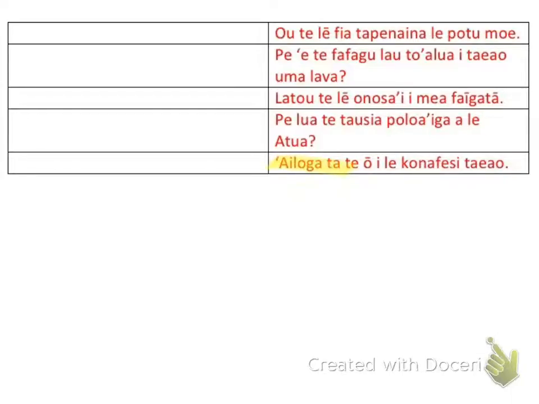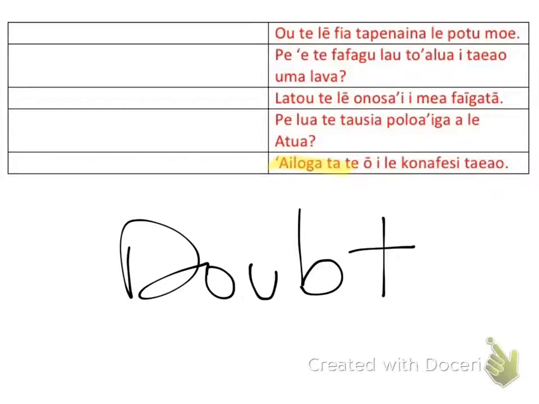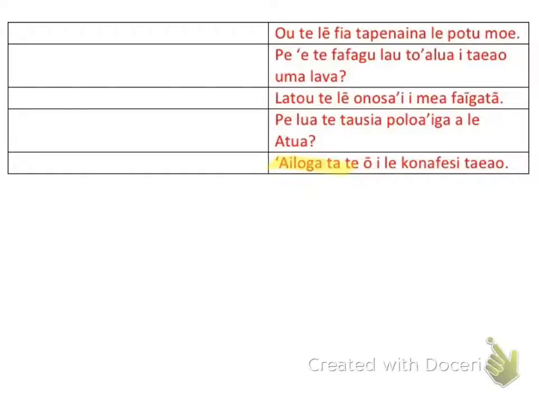So this just means doubt. But other than that, I think you should be able to get all of these. If not, then you need a little bit of a review. Just tackle the stuff that you do know, and then you'll know the kind of stuff that you need to work on. So pause the video and try translating these sentences.